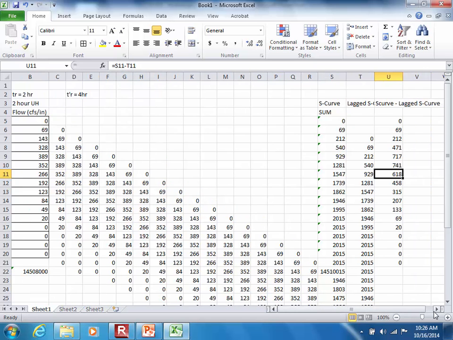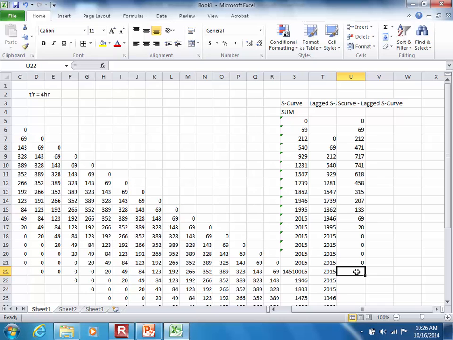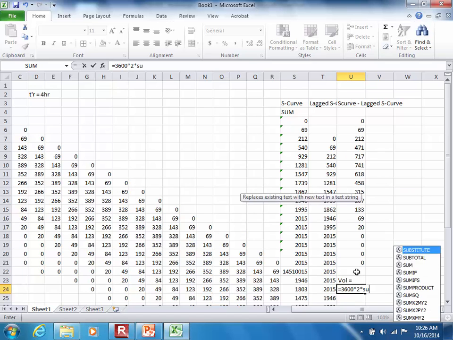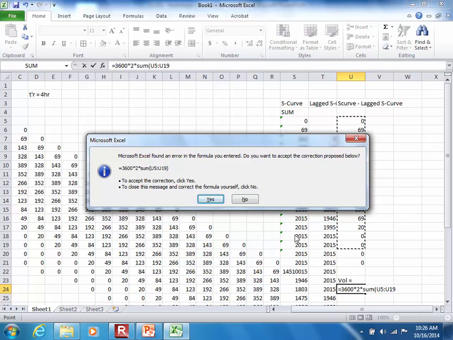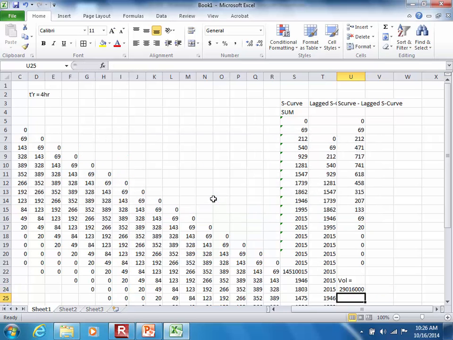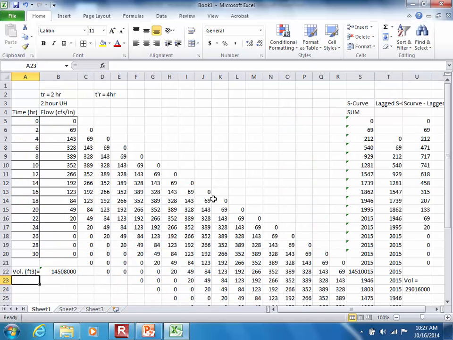If I calculate the total volume of this, it would again be equal to 3,600 times 2 times the sum of all of these values. So the volume is double what it ought to be, because you're going to have the same amount of runoff.